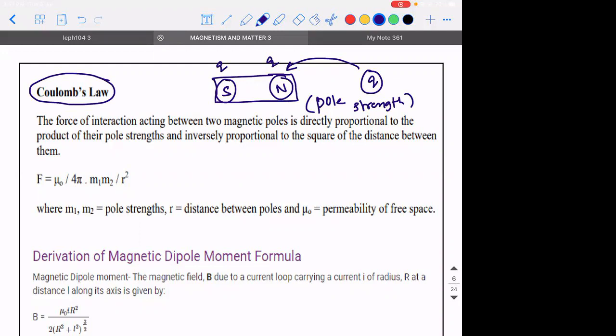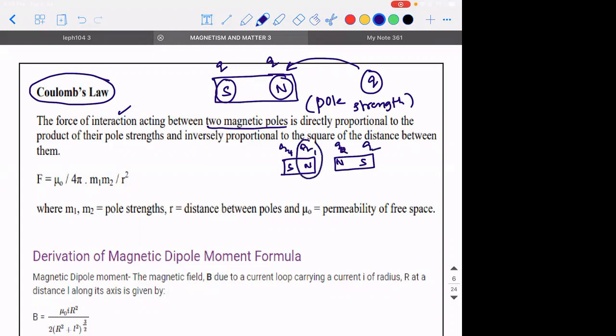Similarly, Coulomb's law of magnetism says when there are two magnetic poles, the force of interaction acting between them, let's say there are two small magnets kept like this. Let's say the pole strength here is Q1 and here it is Q2.